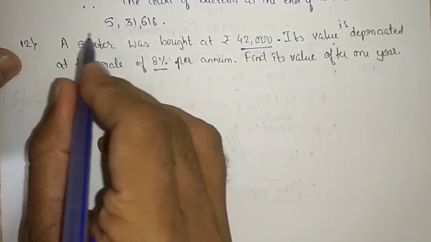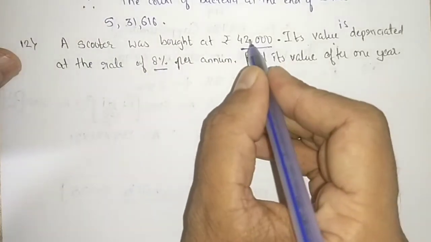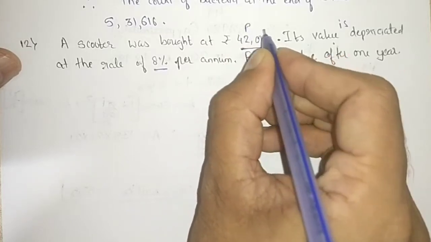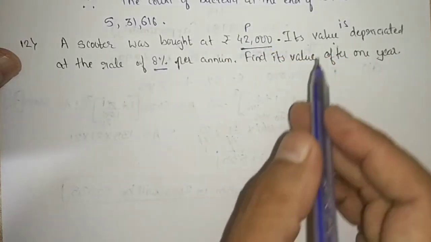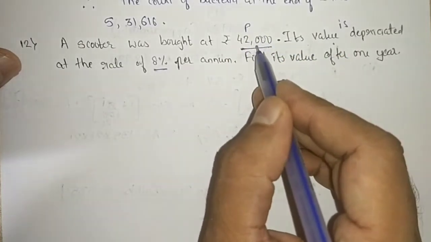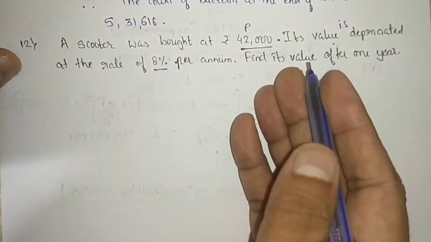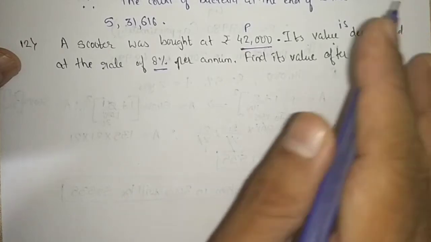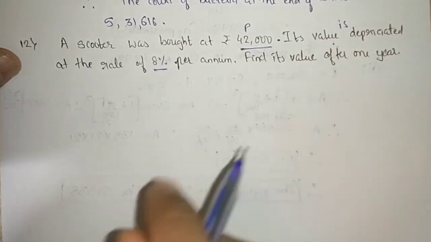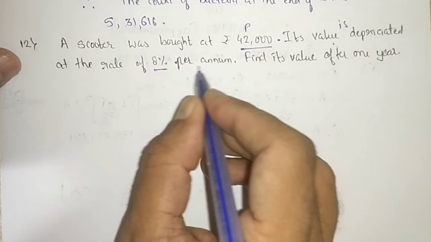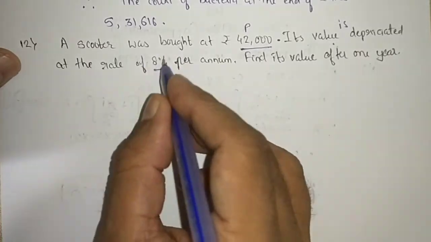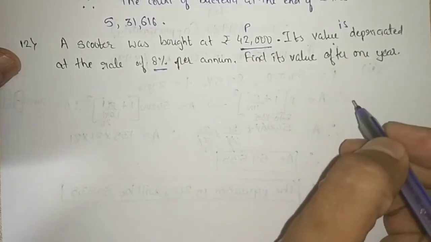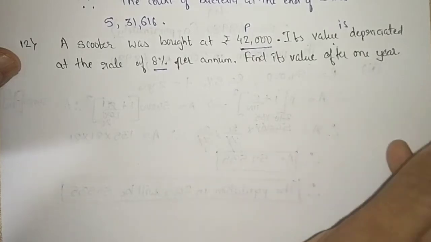One scooter was bought at its initial price, that is the principal price, 42,000, and its value is decreasing every year by 8%. Depreciated means its value is decreasing, reducing at the rate of 8% per annum. Every year 8% of the value is decreasing. We have to find the value after 1 year.